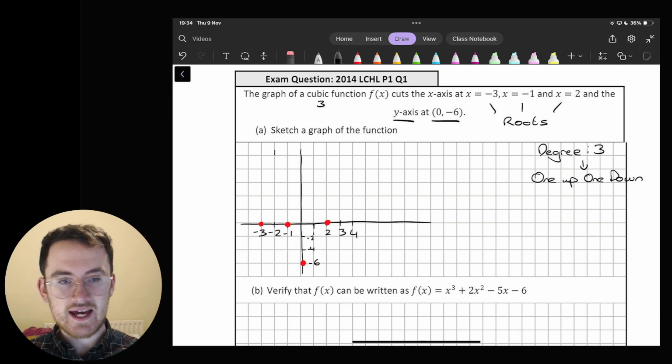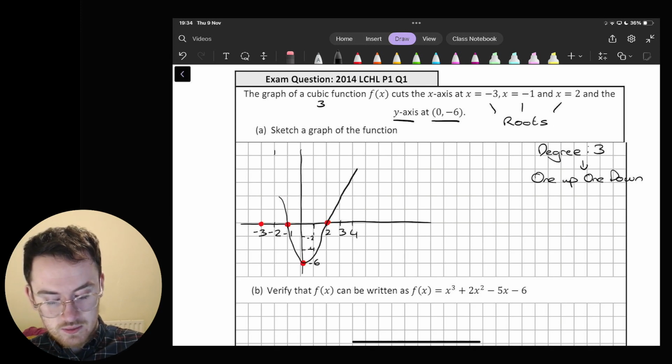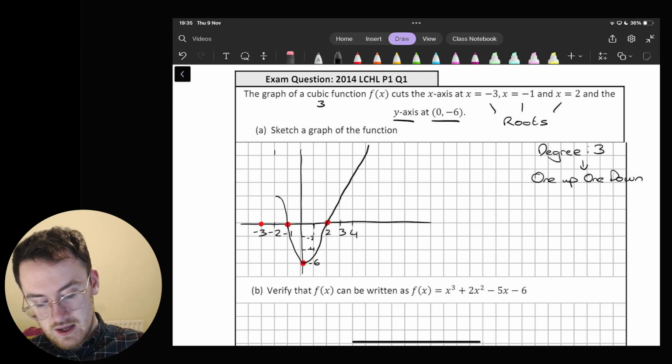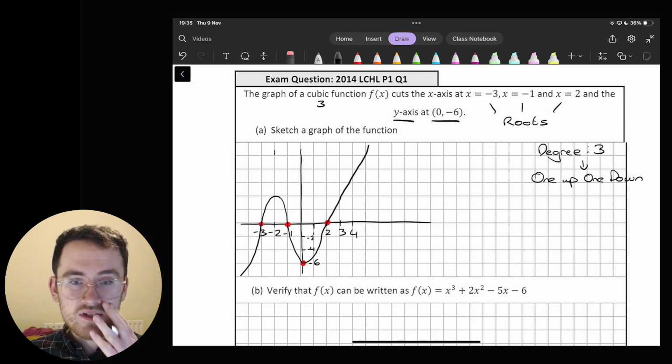Okay, I know that one arm is going up, I know that one arm is going down. So in order for that to happen, we can see that my graph has to be decreasing here in order to go down to the minus 6, which means it then has to increase to go up to this 2 point here. And therefore we'll have to start by going downwards. So I'm using a little bit more of the information that's presented to me to help me to see what's going to be happening.